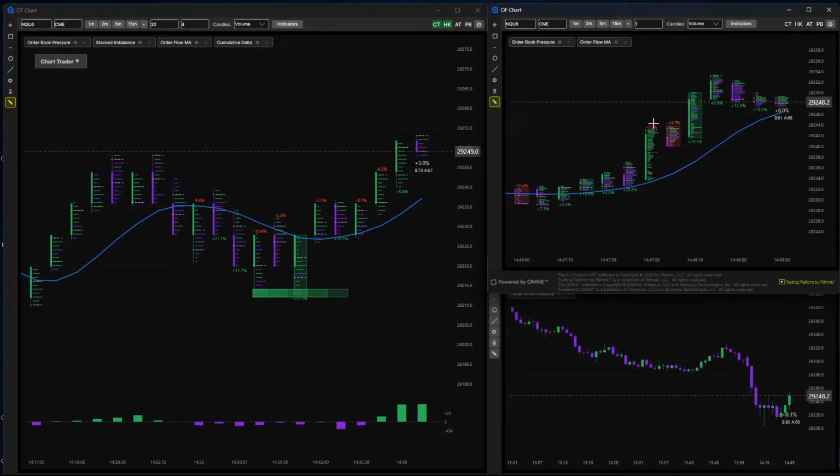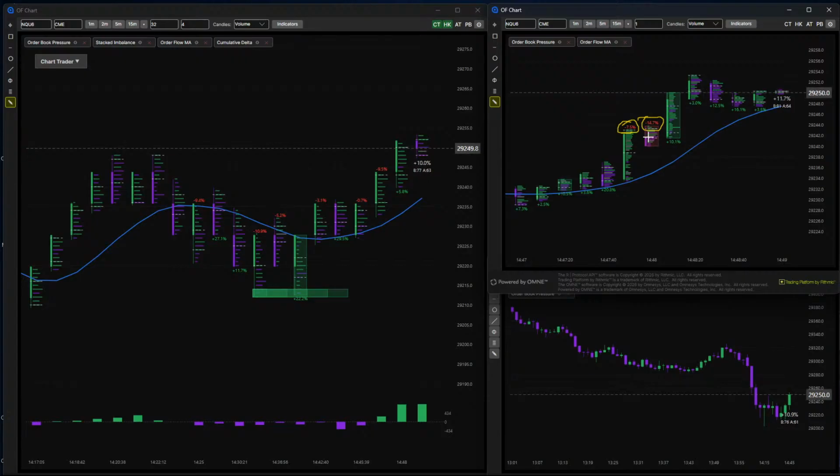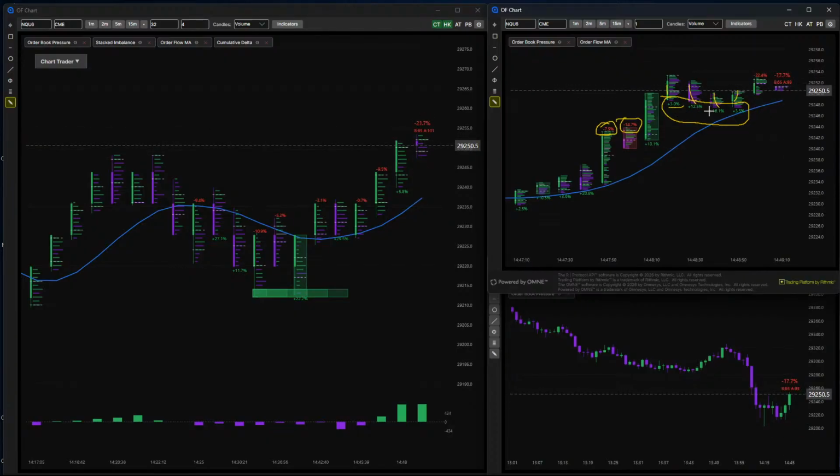Well, right here, there were 14% more sellers on the books, but we closed above. We really didn't close down that much. For these 10-second candles, this is telling me there was 3% more buyers, 12% more buyers, 16% more buyers, 3.5% more buyers.